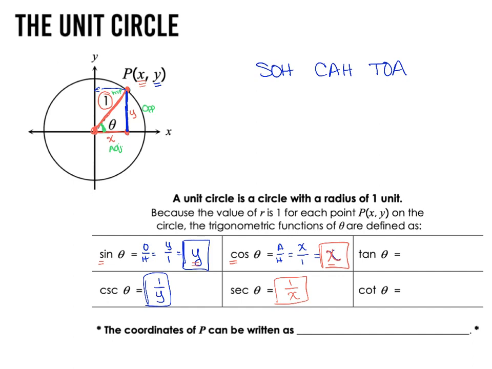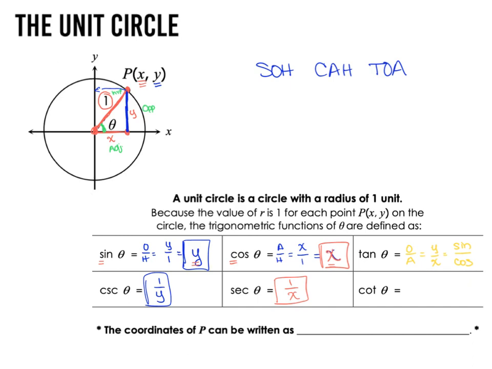Tangent's a little different. For tangent, we've got opposite over adjacent, which in this case is y over x. Or as I like to remember, what I find to be really helpful is that it's sine over cosine. Those are the 3 ways you can think about it. For cotangent, we would do the opposite of that.